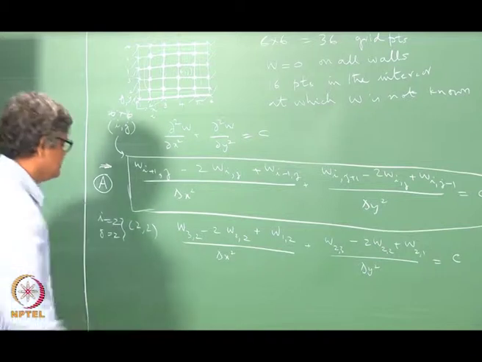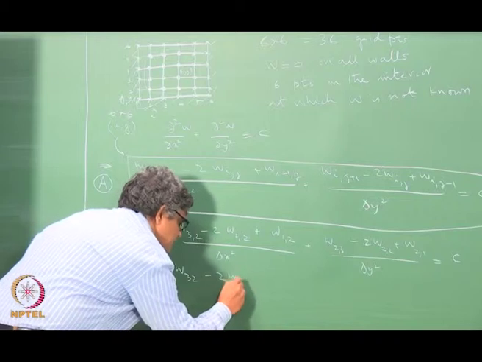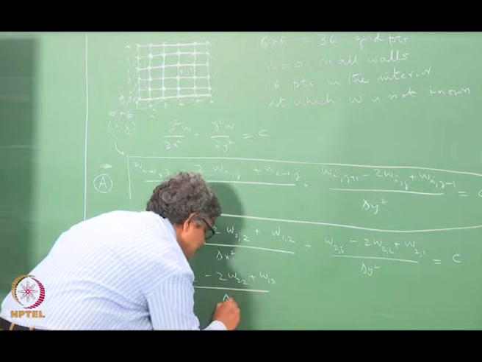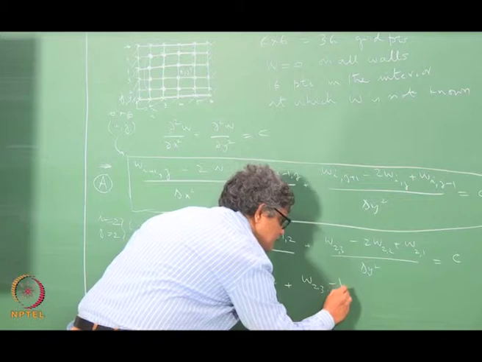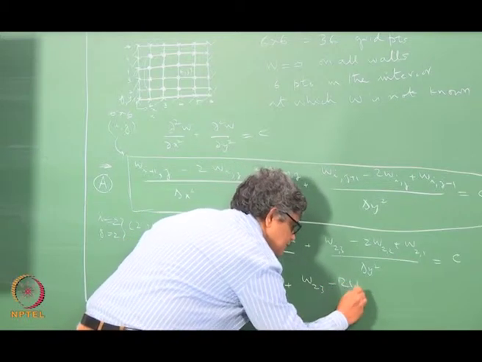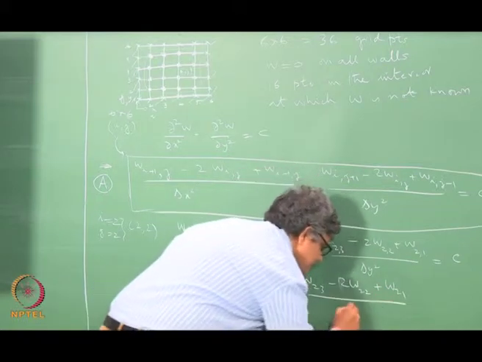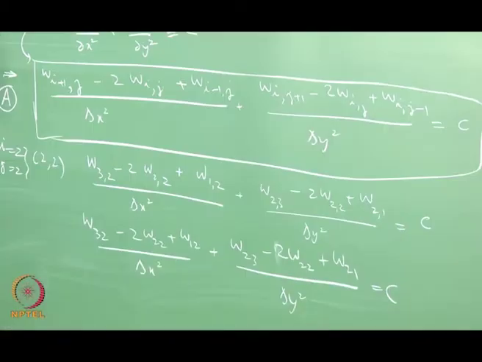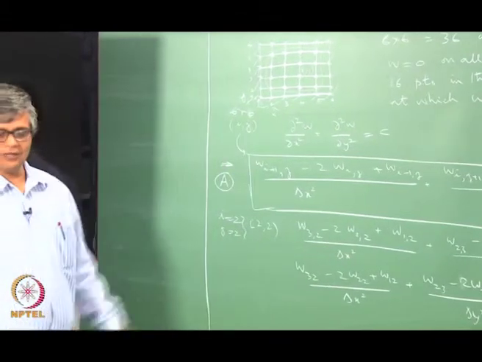So we can just write this as W32 minus 2W22 plus W12 by delta x square plus W23 minus 2W22 plus W21 divided by delta y square equal to C. And we can see that we have got a specific equation.